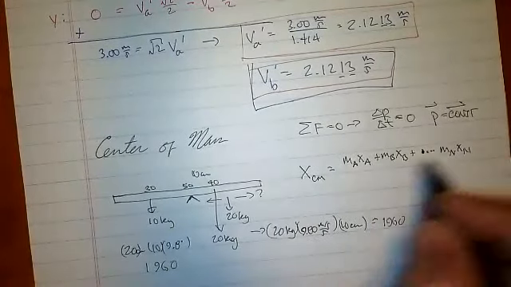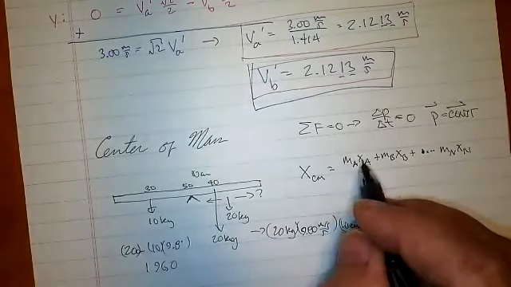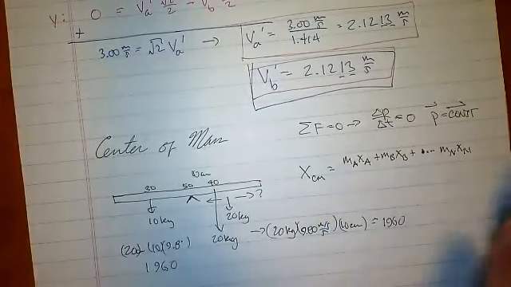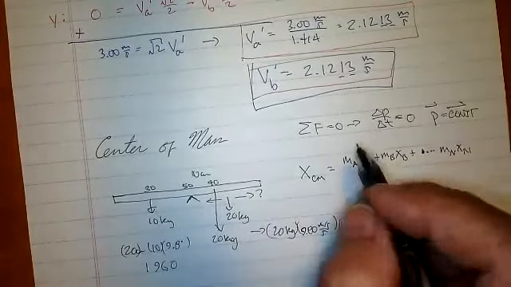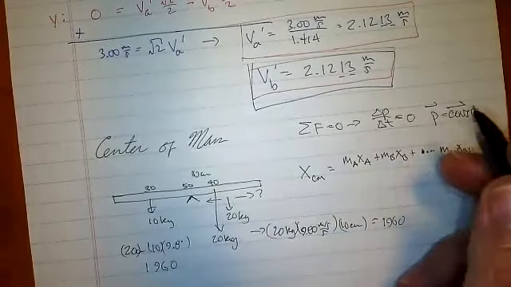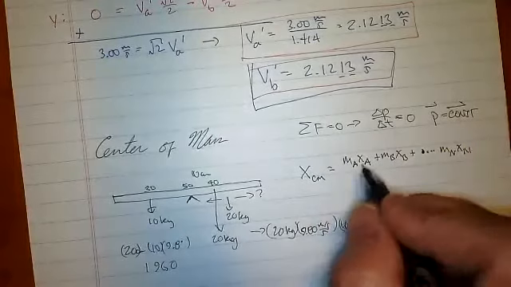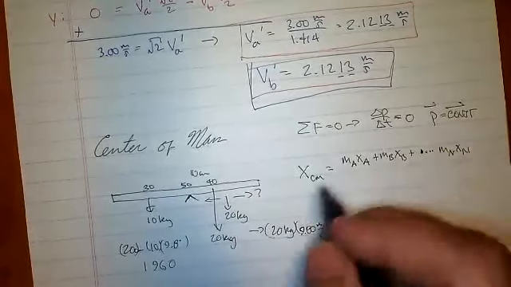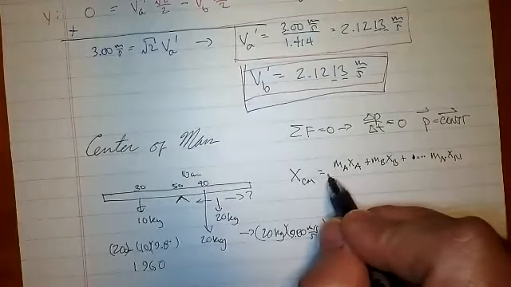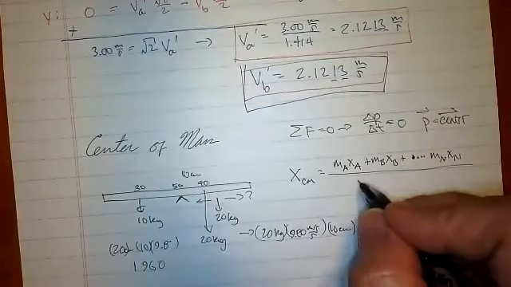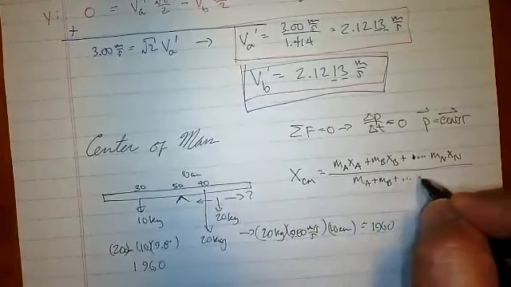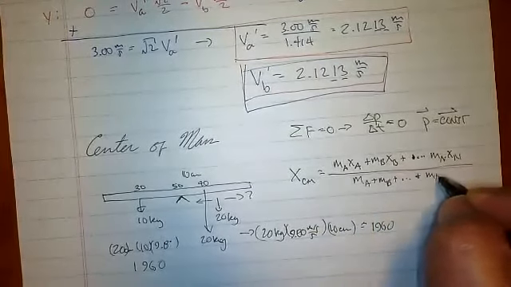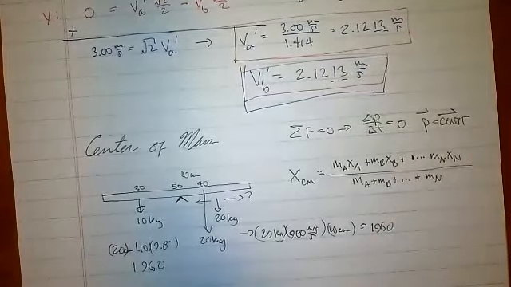In other words, if you have N particles, it would be mass times distance plus mass times distance plus mass times distance. Now that gives you all the forces acting on it, if I multiply it by g. What I want is something measured in units of centimeters or meters, so I've got to get rid of those masses. So the most reasonable thing to divide by is m_A plus m_B plus dot, dot, dot plus m_N. And in fact, that turns out to be exactly the right formula.